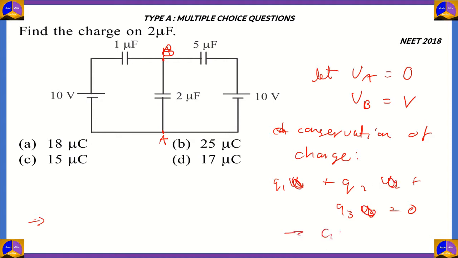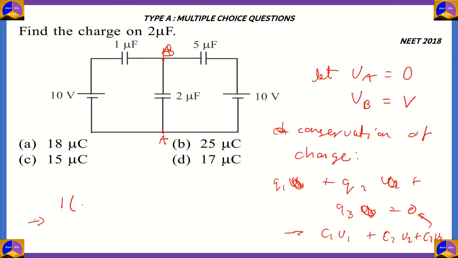So that means C1V1 plus C2V2 plus C3V3 gives you 0. So now that we got the correct formula, let's apply the values. C1 is, let's say, 1 microfarad.